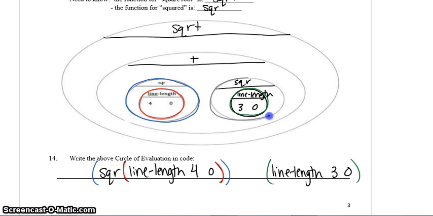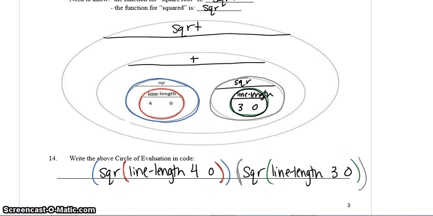So I'm going to use a gray pen to show that that needs to get squared, which is SQR, with an open parentheses and a closed parentheses. So far I have my two innermost circles completed. Finding the line length between 4 and 0, and then squaring that, and then finding the line length between 3 and 0 and squaring that.